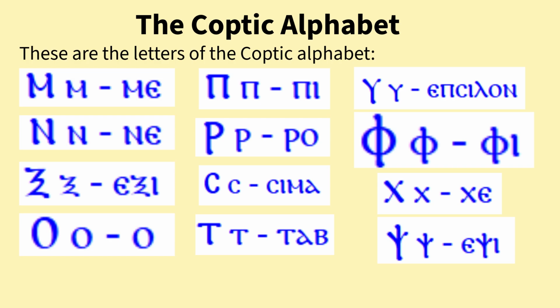And I'll just go through them quickly, so you can hear the more rhythmical aspect of them. Ma, na, axi, o, bi, ro, sima, tab, epsilon, bi, ka, absi.